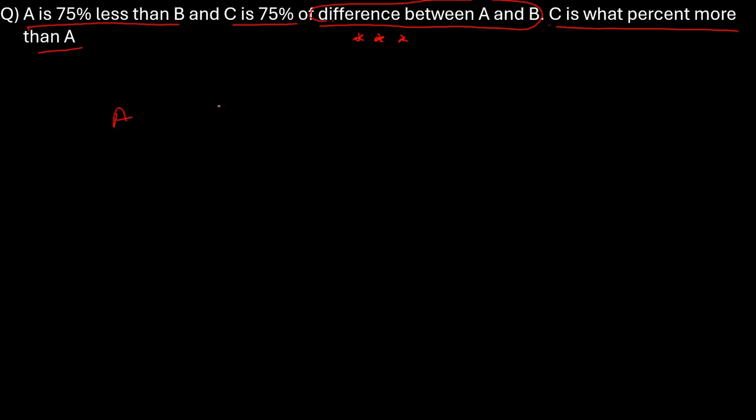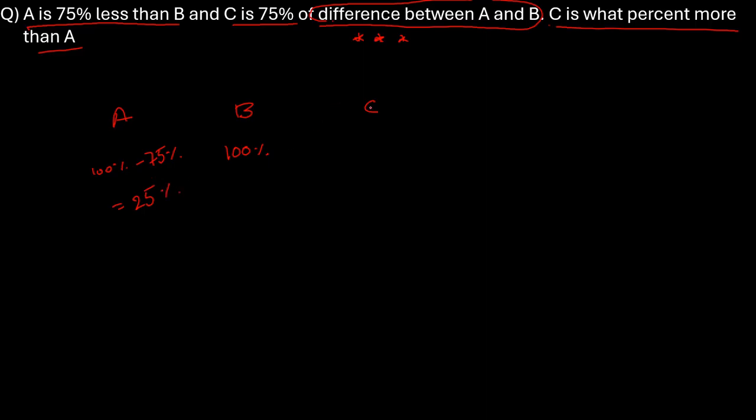I have three numbers A, B and C. A is 75% less than B. So I'll take my B as 100%. Right? And A is 75% less than B. So A is going to be 100% minus 75%, that is equal to 25%.